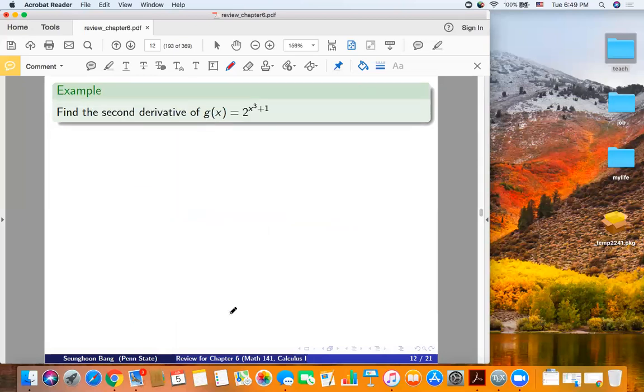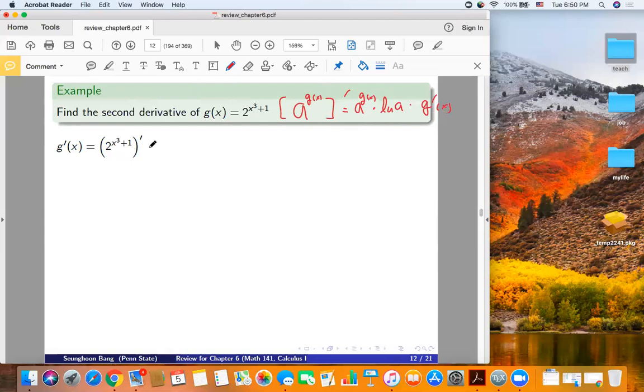The next one: find the second derivative of g of x equals 2 to the x cubed plus 1. How can you find it? I want to use this one: the derivative of a to the g of x is a to the g of x times ln of a times g prime of x.